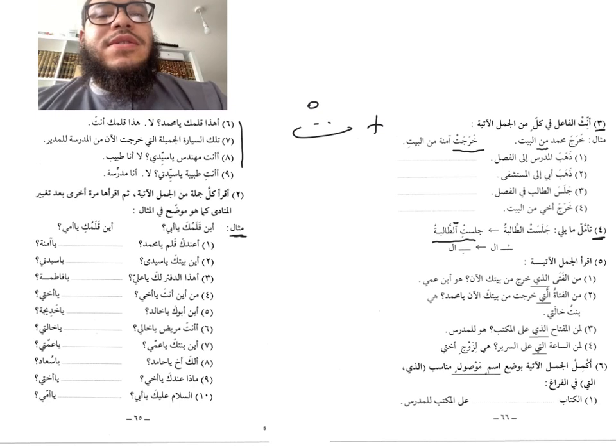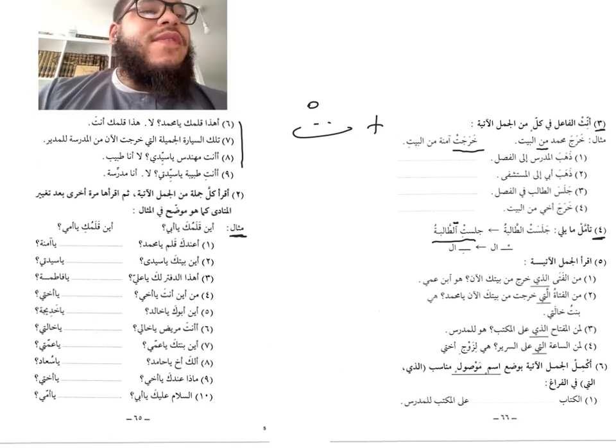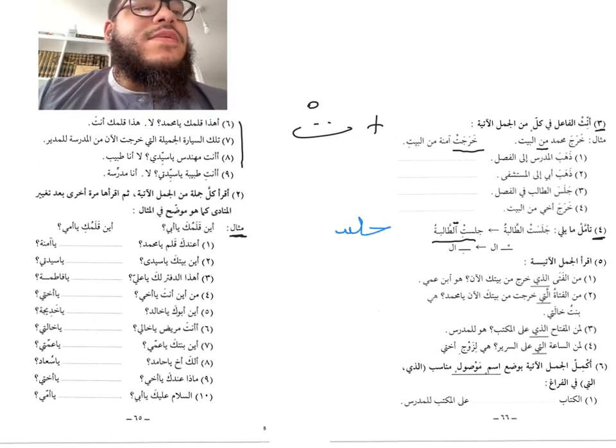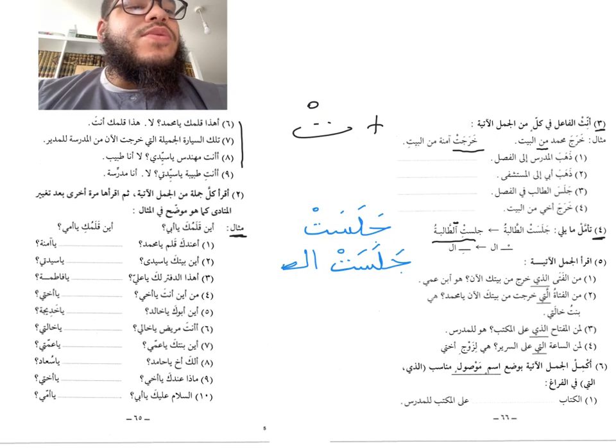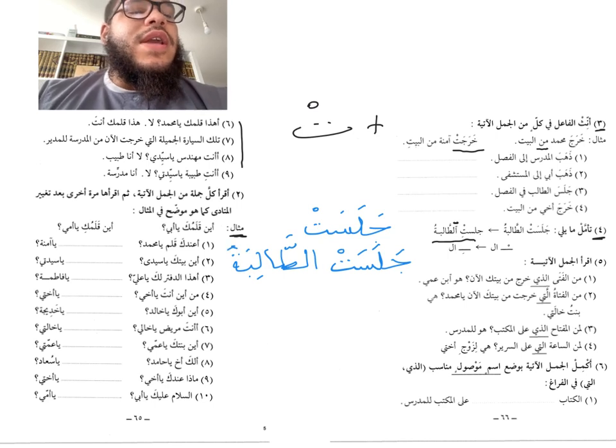So I'll write it bigger for you. We have jalasat. But now we've got jalasat at-talibatu. So alif and lam, in general, this is sukoon.